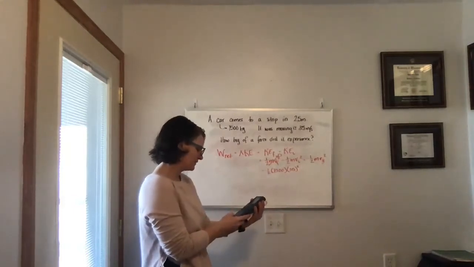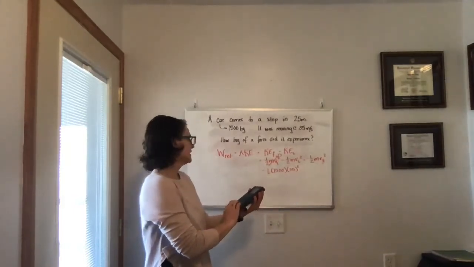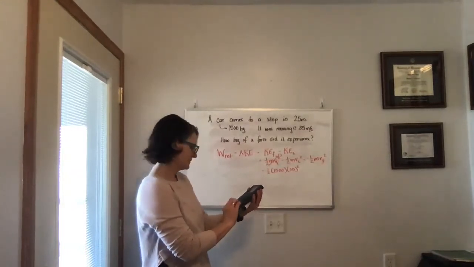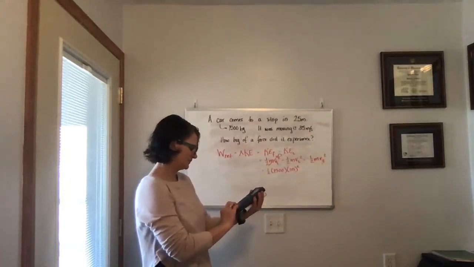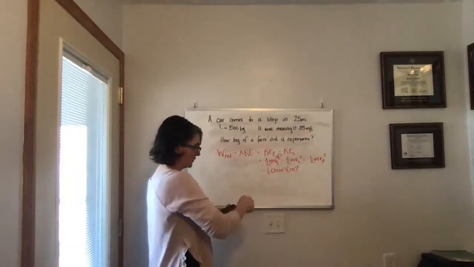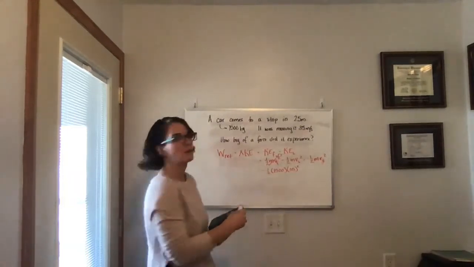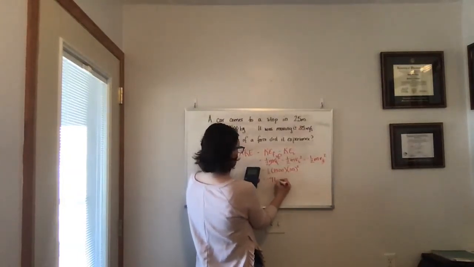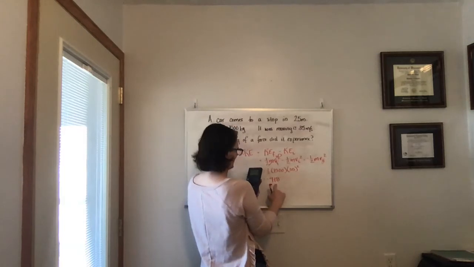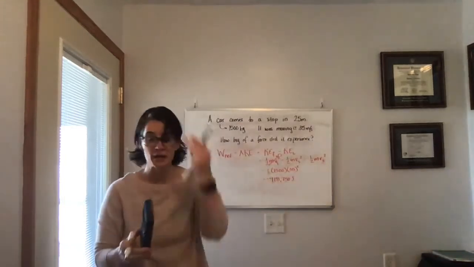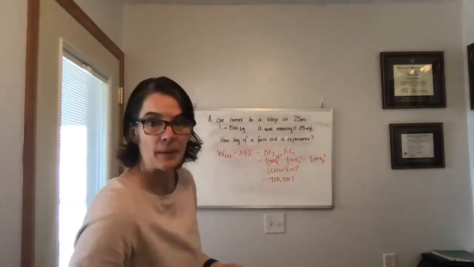So we have 0.5 times 1,500 times 35 squared. And we get a change in kinetic energy, equal to our initial kinetic energy, of negative 918,750 joules. And of course, we have way too many significant digits there, but we're not done with the problem just yet.